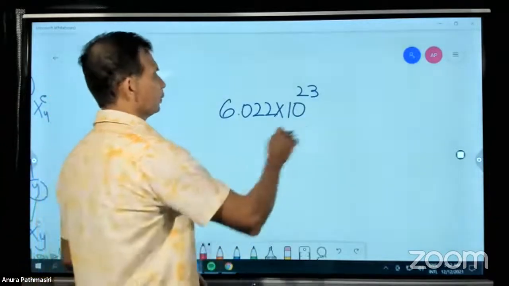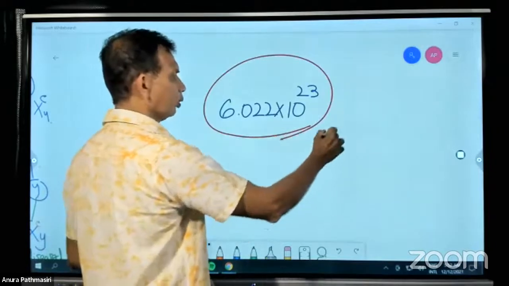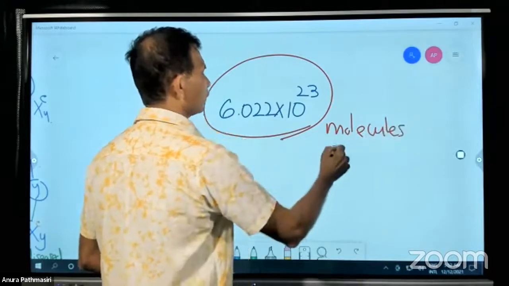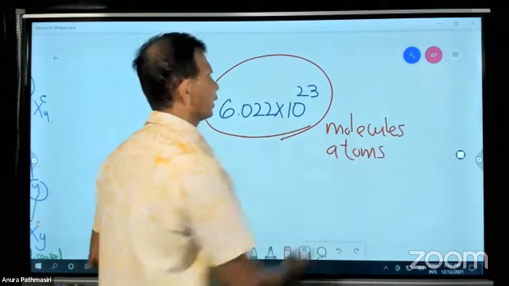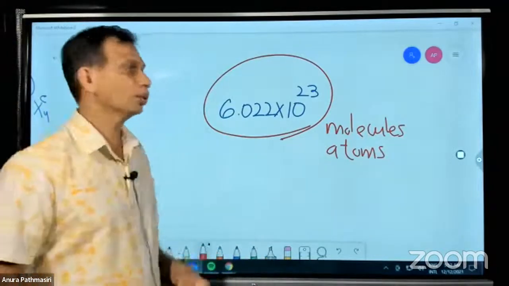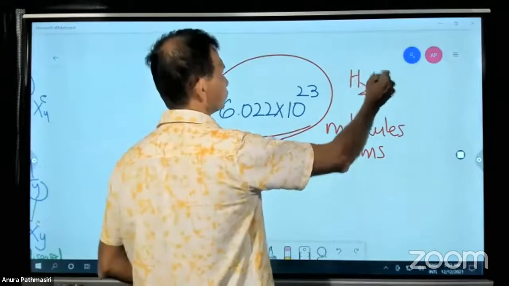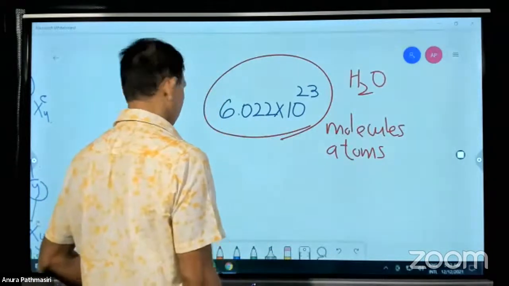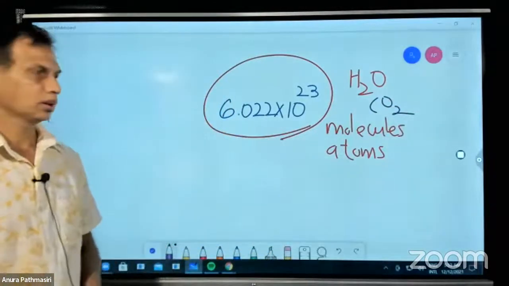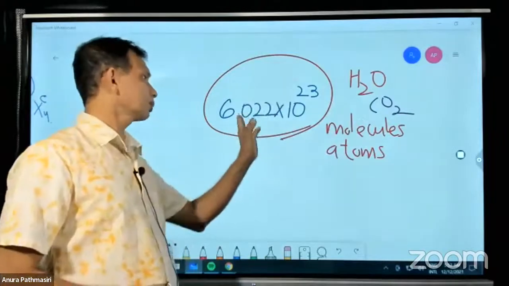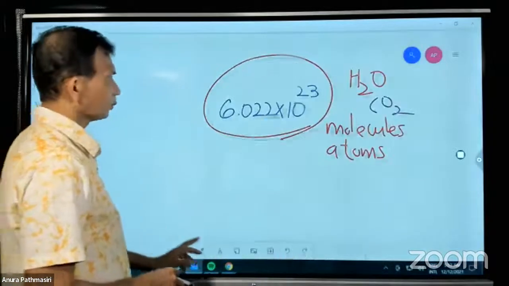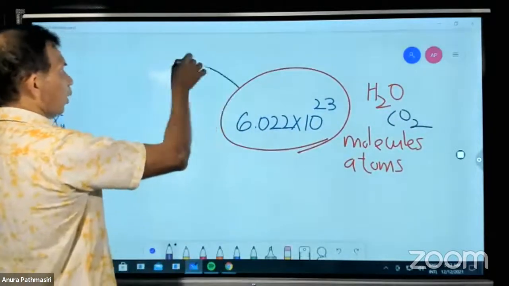That many molecules or atoms, depending on what we select, will be there. If you select molecules, maybe water or carbon dioxide, whatever it is, this much of molecules will be available in 1 mole.